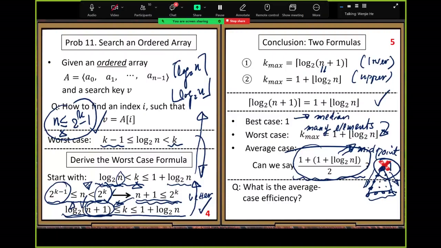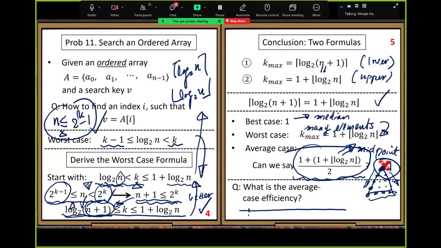So let me draw a line segment representing the best case and the worst case. The best case is a number on the line, so I put it here.